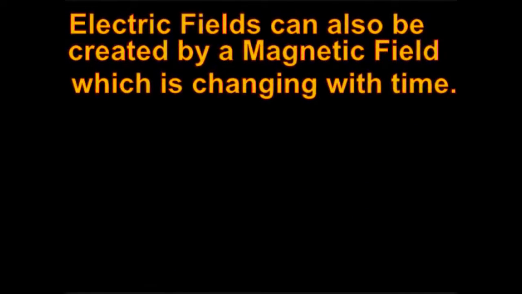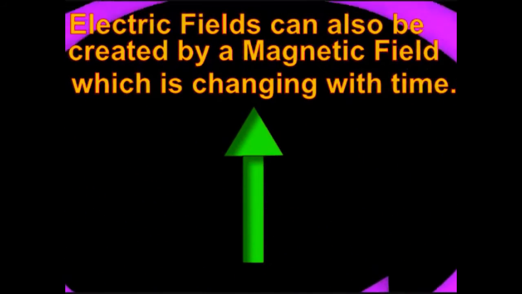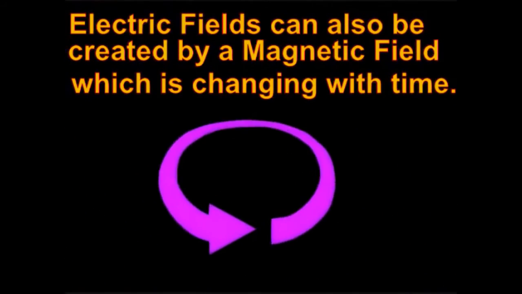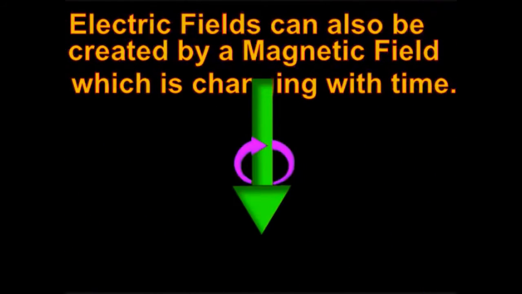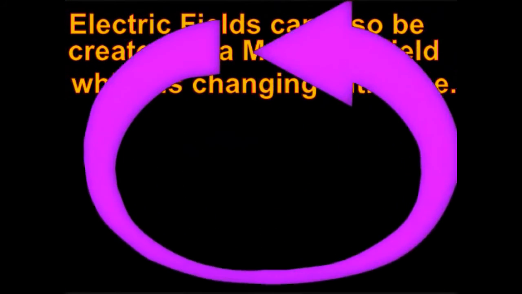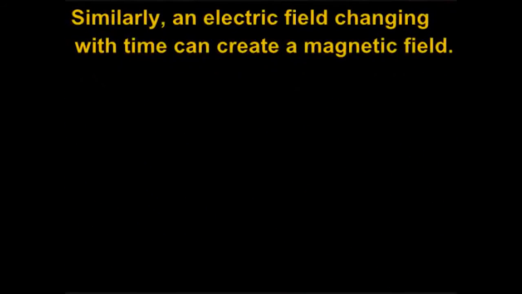Electric fields can also be created by a magnetic field that changes with time. Similarly, an electric field changing with time can create a magnetic field.